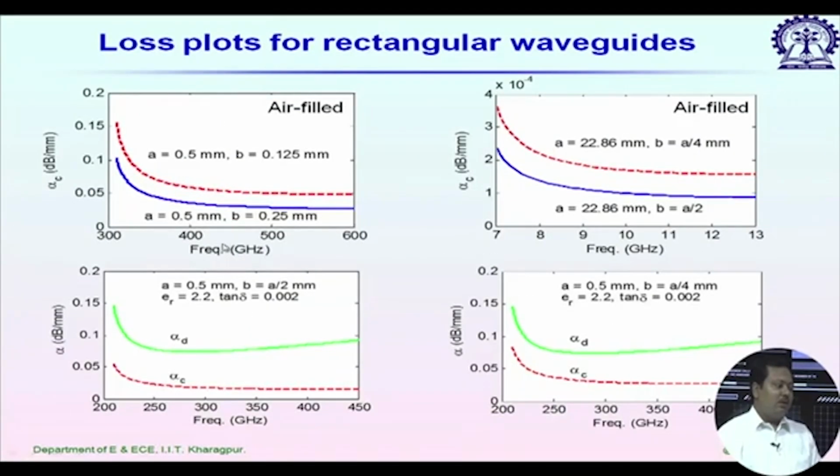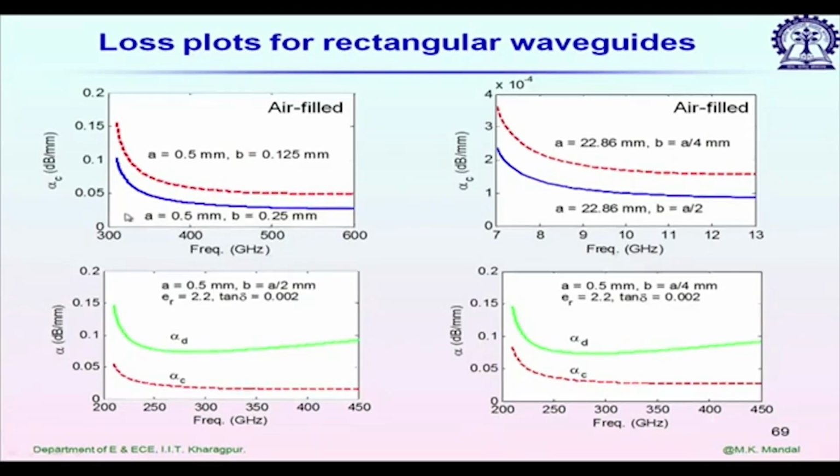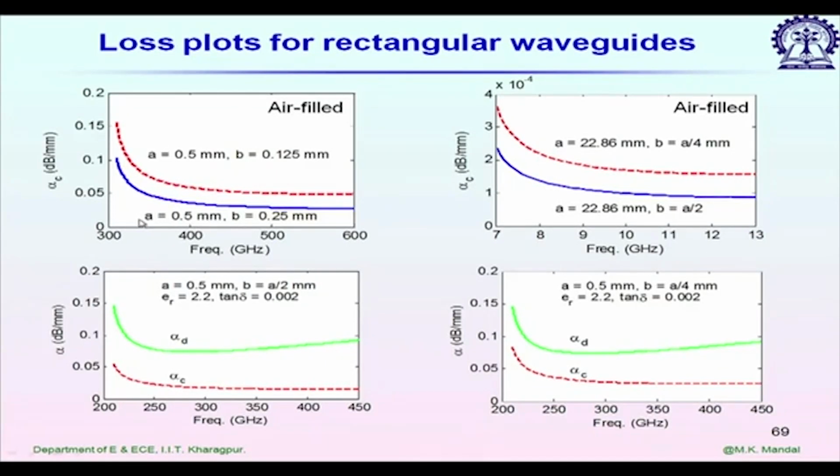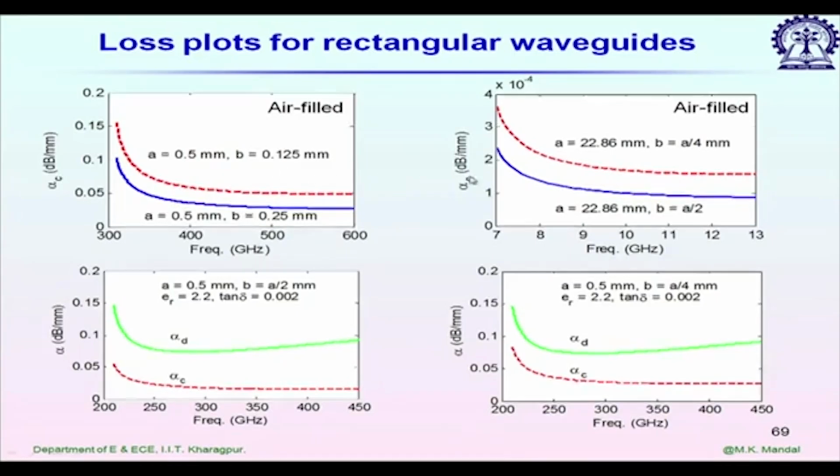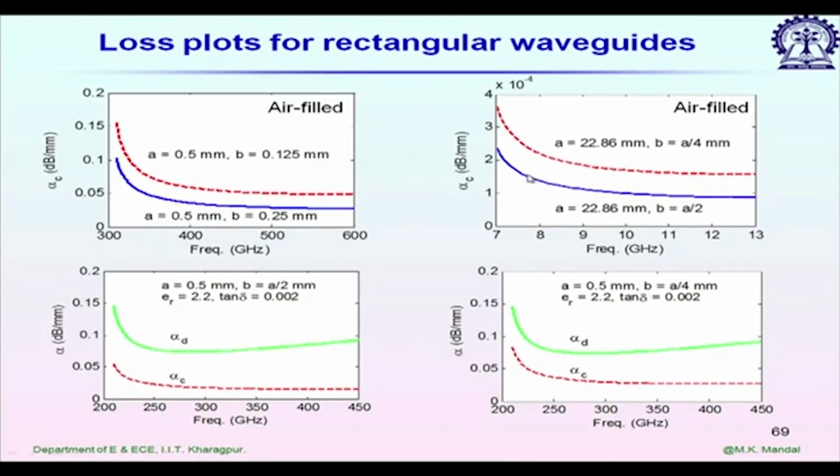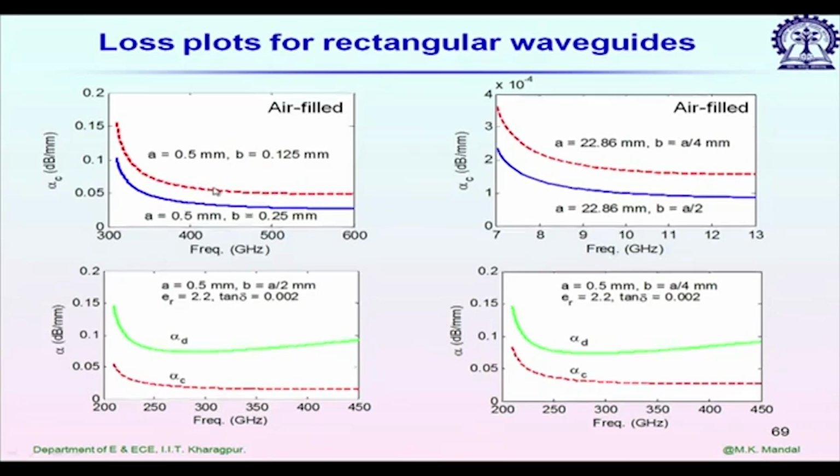Next, the same plot of alpha c, and also we are plotting alpha d for different scenarios. Let us first consider an air filled rectangular waveguide, two different dimensions, one for the X band operation and the second one in the terahertz frequency range. We are considering a smooth surface, so no surface roughness is there.